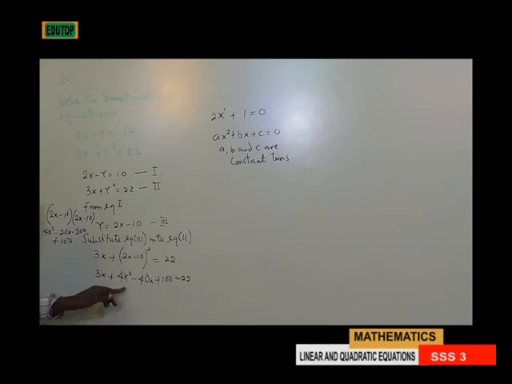Then to rearrange this, I have 4x squared minus 40x plus 3x, that becomes minus 37x. Then we bring this to the other side, you have plus 100 minus 22 equals 0.